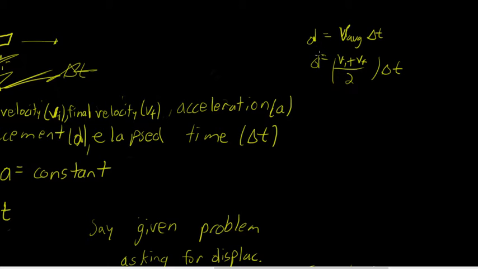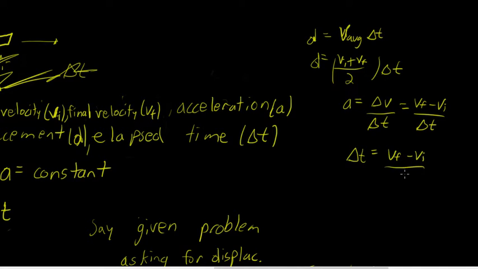But let's say we want to eliminate elapsed time. Well, what did we say acceleration was? We said it's the change in velocity per unit time, and so that's v final minus v initial over delta t. If we solve for delta t, we get delta t is v final minus v initial over the acceleration. So now we have something that we can substitute here for delta t.